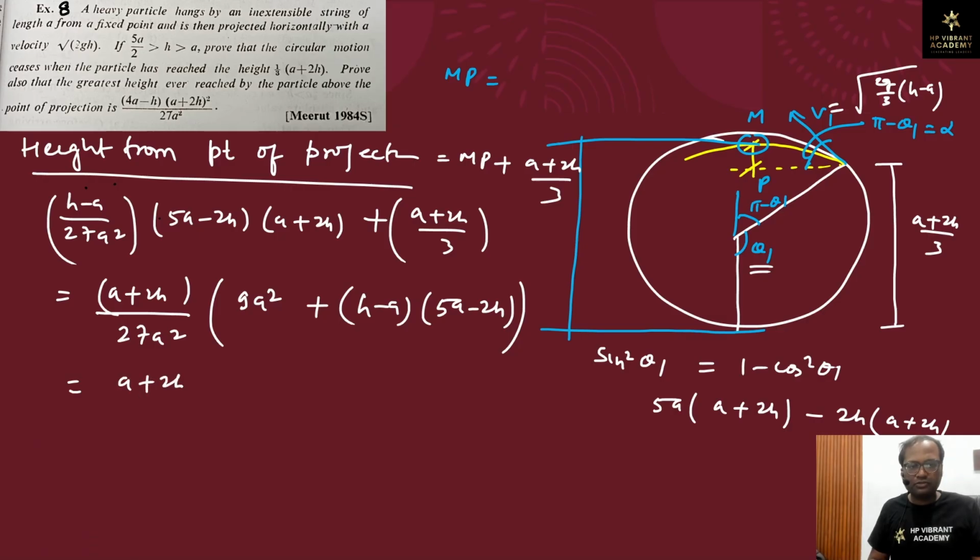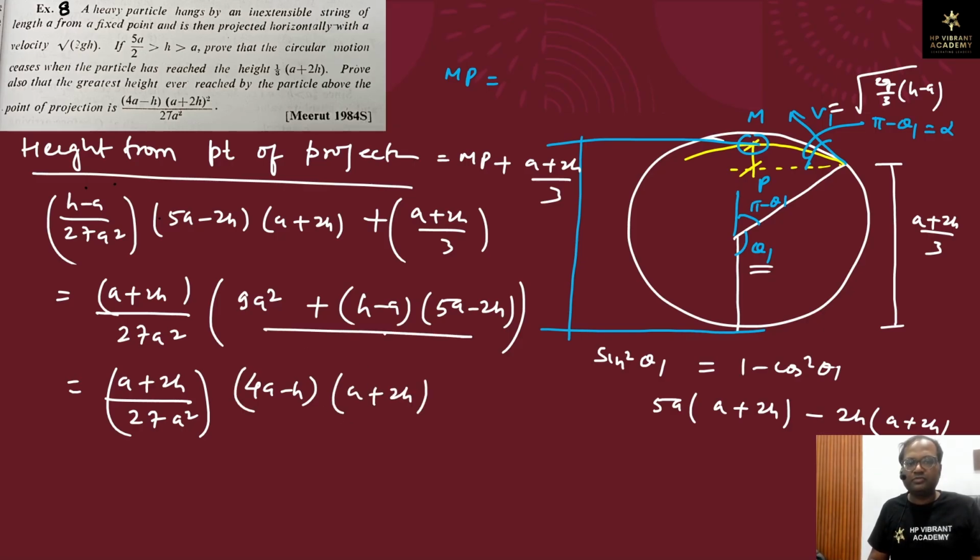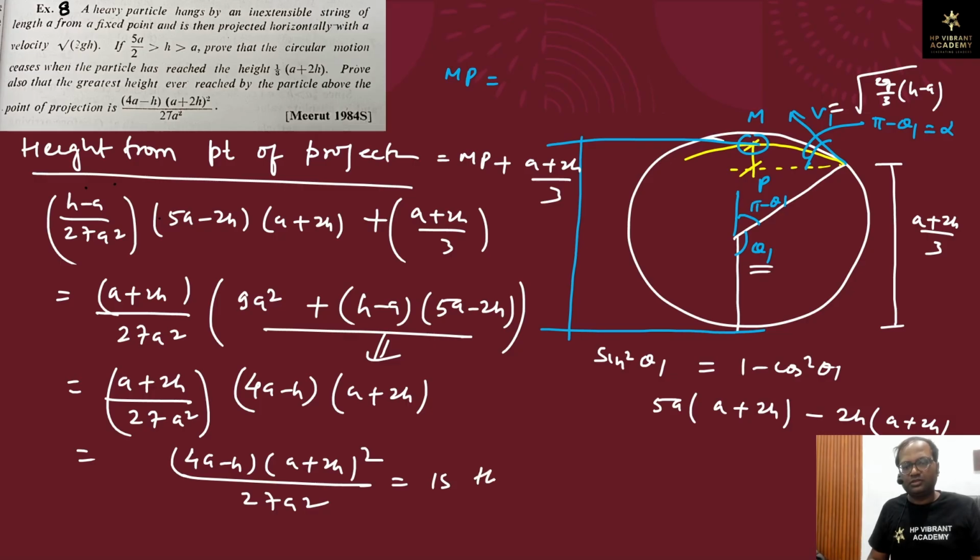Equal to (a plus 2h) upon 27a square into, if you simplify this, it will come (4a minus h) into (a plus 2h). On simplification, we have (4a minus h) into (a plus 2h) whole square upon 27a square, which is the height of the particle.